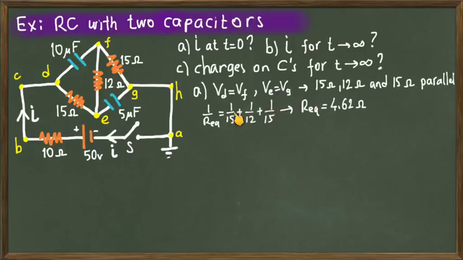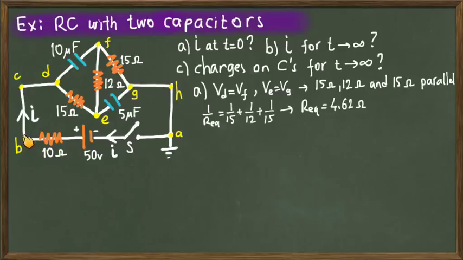It's just algebra. You can do this without any problem. So these three parallel-connected resistors are equal to 4.62 ohms, but this is connected serially to the 10 ohms.